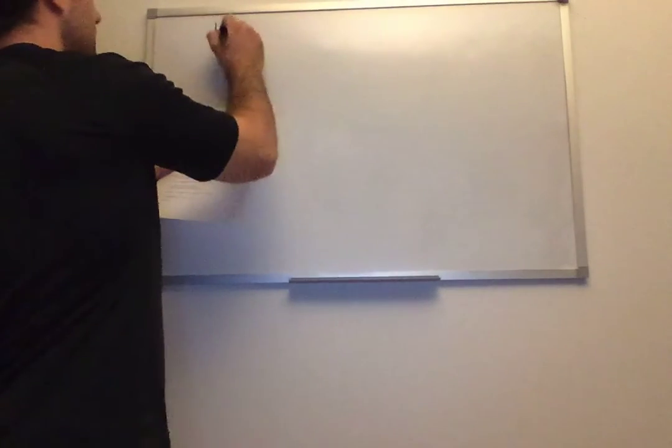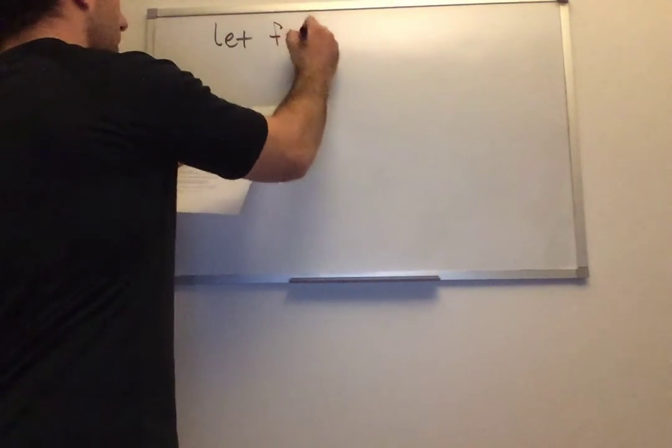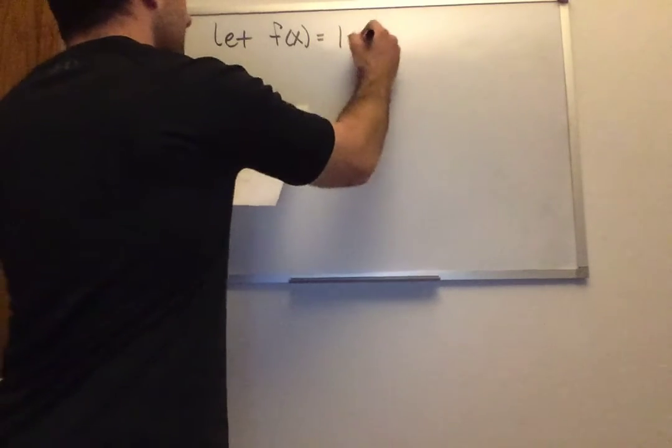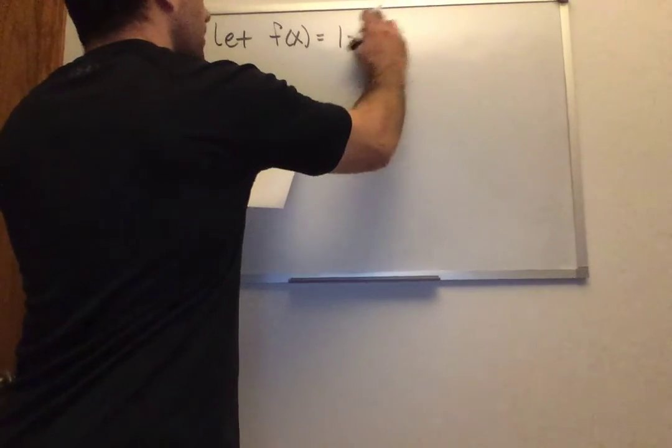It says, let f of x equal 1 minus x to the 2/3 power.